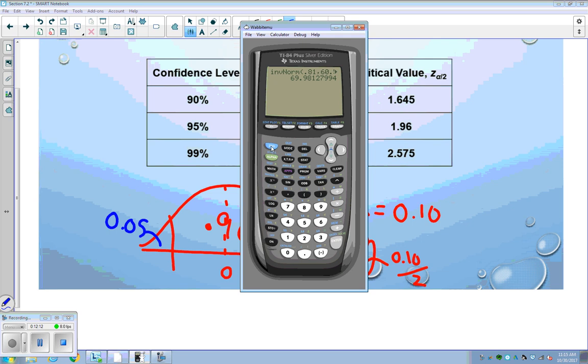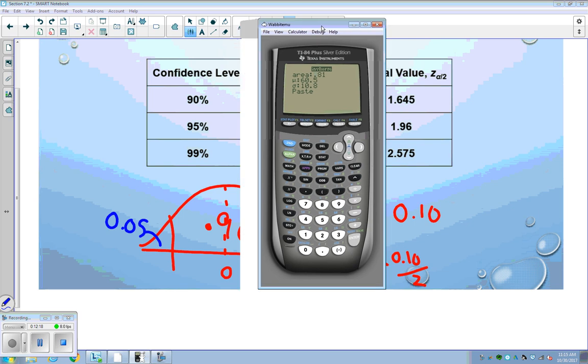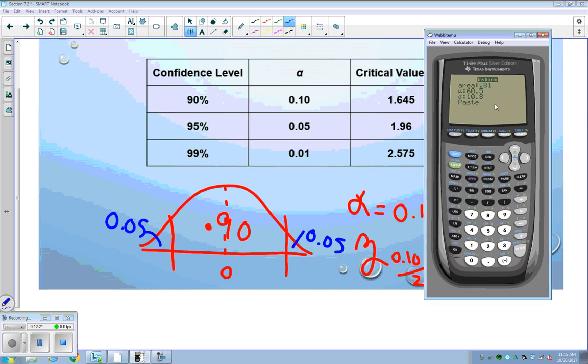That's what we just got our test on, right? Inverse norm. What am I going to put as my area? If I put 0.05, it's going to give me this Z-score, right? And I'm going to use for mu 0, and for standard deviation, sigma is 1.